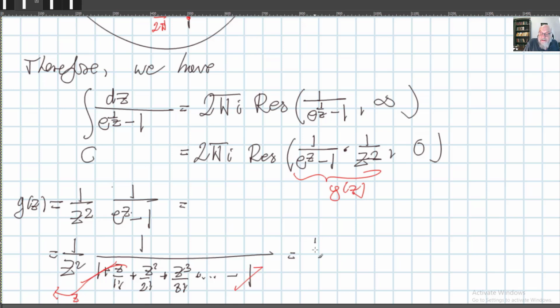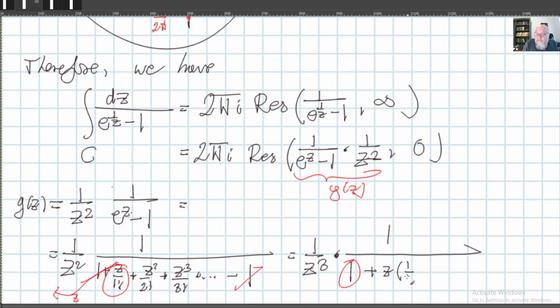Just do it like that, and you are getting, this is z cubed. Pole of order 3. And that one will be cancelled, so you are getting 1. This term becomes 1.